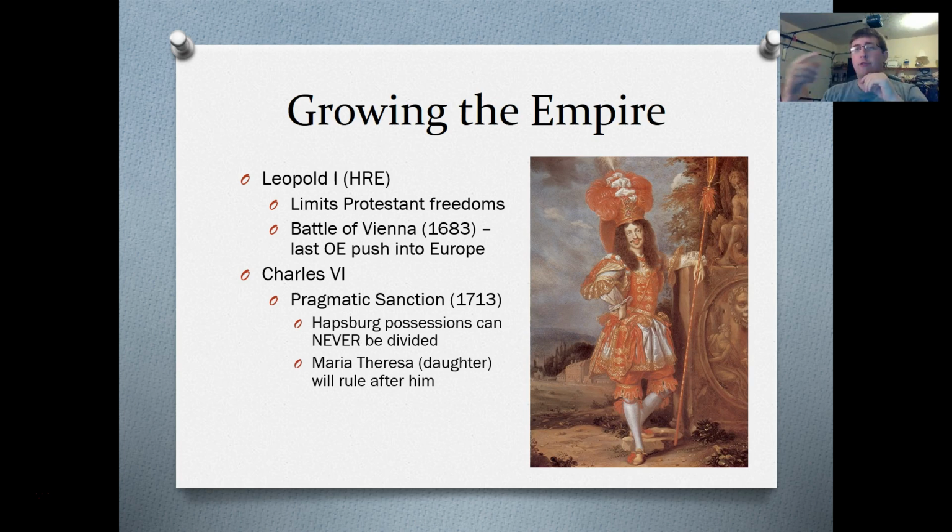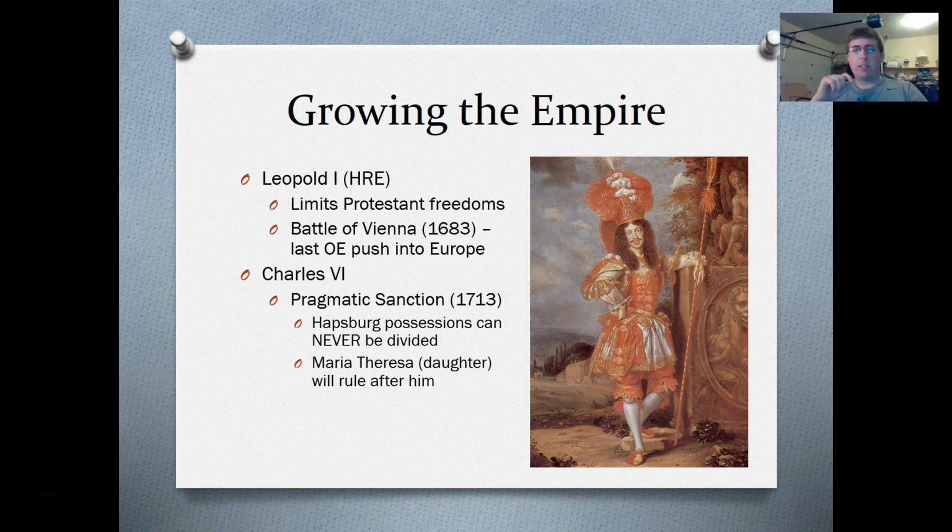And she's going to rule after him. And he wants to make sure that when he dies, the different ethnicities in the empire won't be tempted to break out and declare independence from the Austrian Empire because there is a woman on the throne. So he wants to make sure his daughter can take care of business.